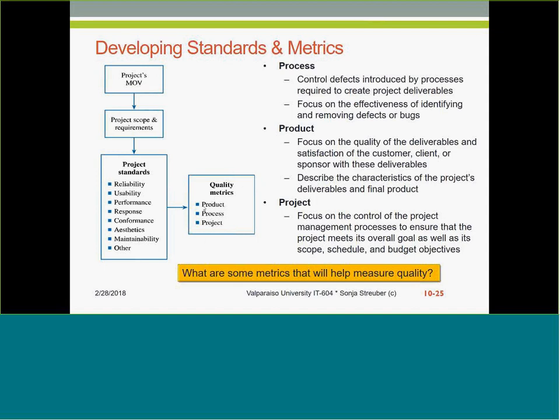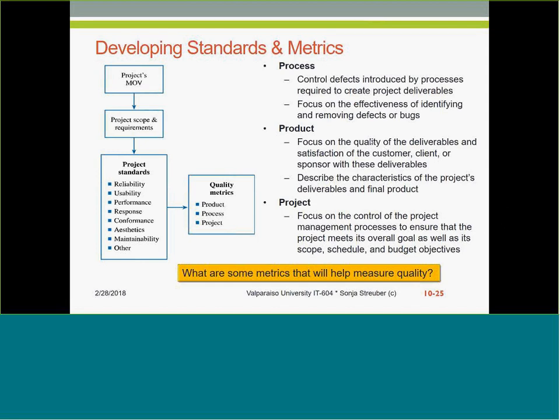So, process, for example, you would look at defects that are introduced by the processes that are required to create product deliverables, and you want to look at the effectiveness of fixing bugs and discovering bugs, right? Those are some good process metrics. Some good product metrics would be the quality of the deliverables themselves, customer satisfaction metrics as well, right?